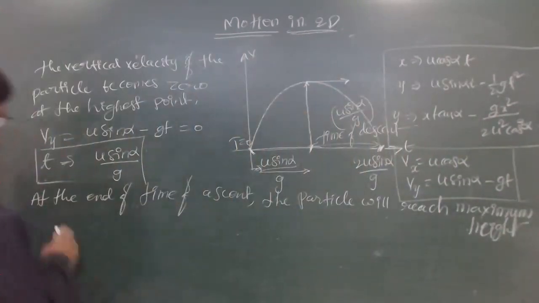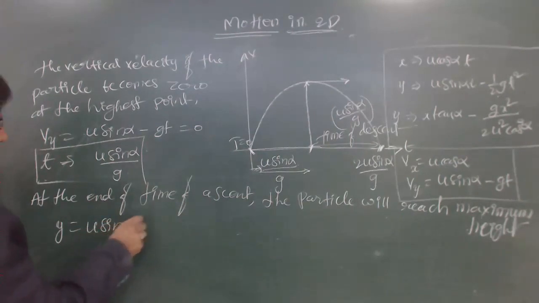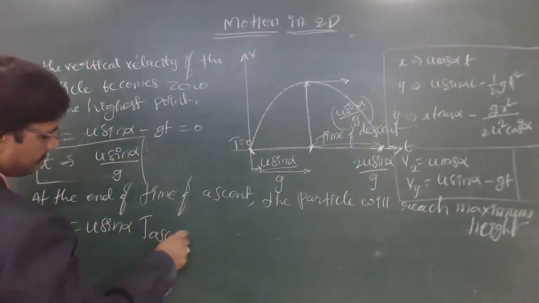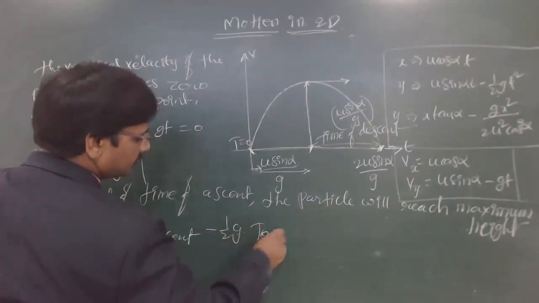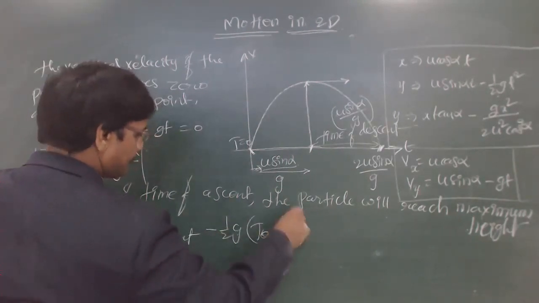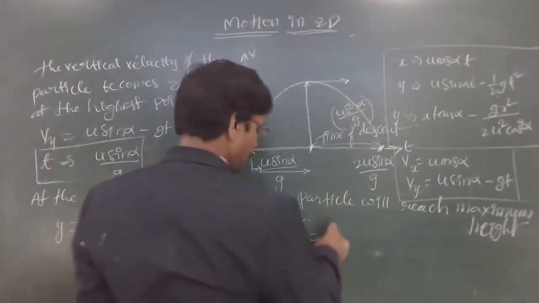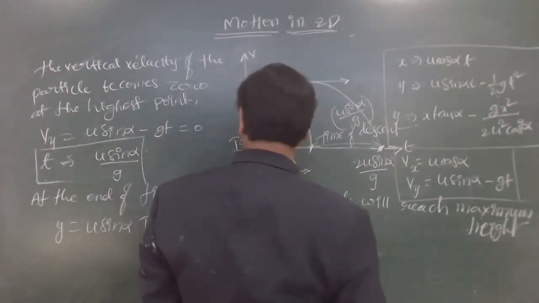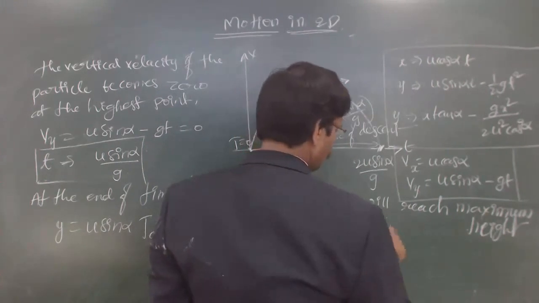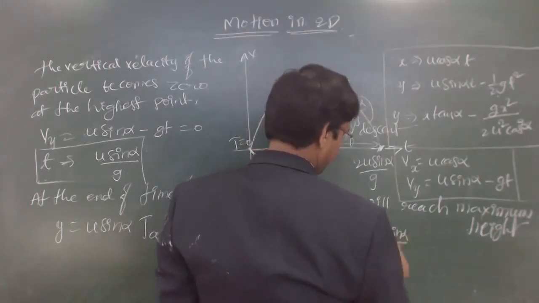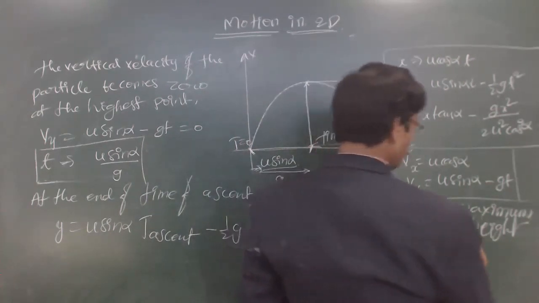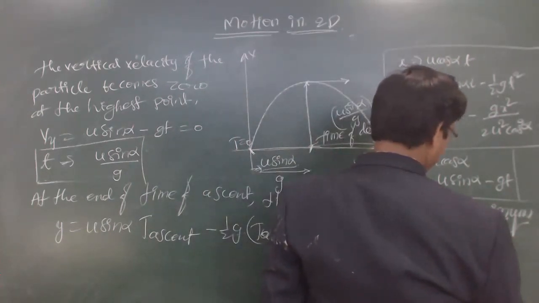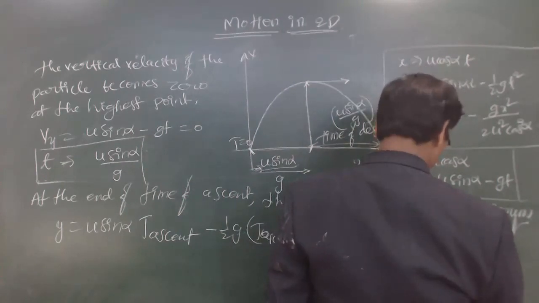So y is equal to u sin alpha into t ascent minus half g into t ascent square. U sin alpha into t ascent is u square sin square alpha by g, minus half g into u square sin square alpha by g square.